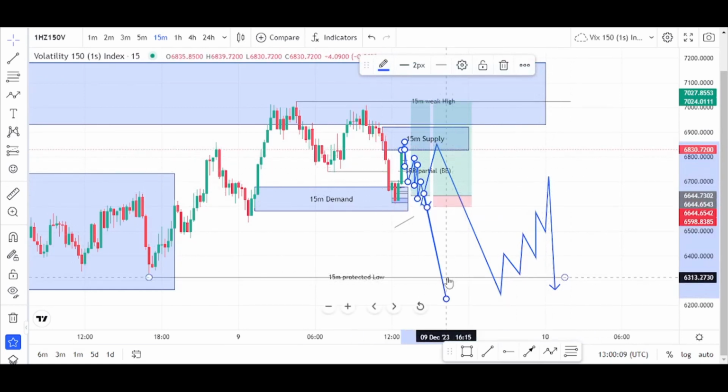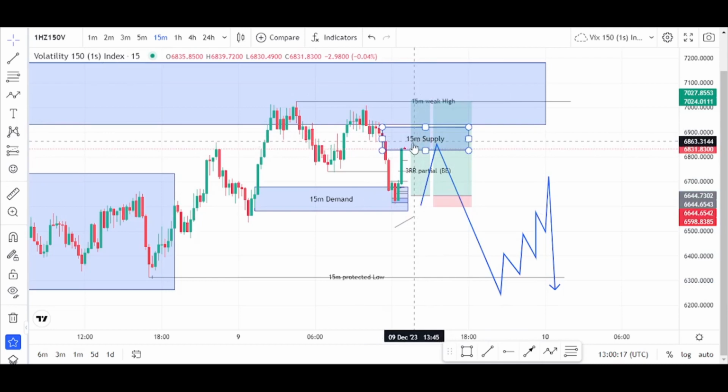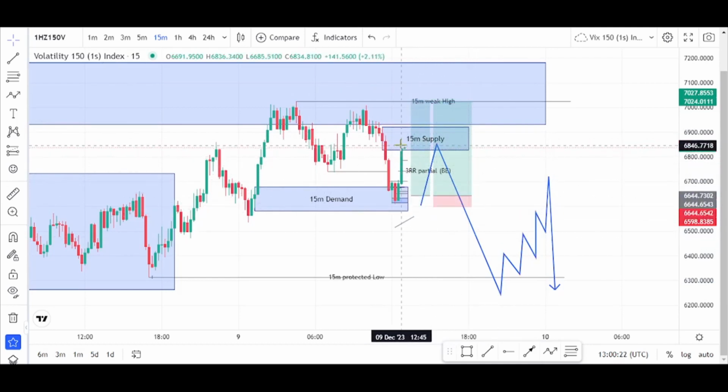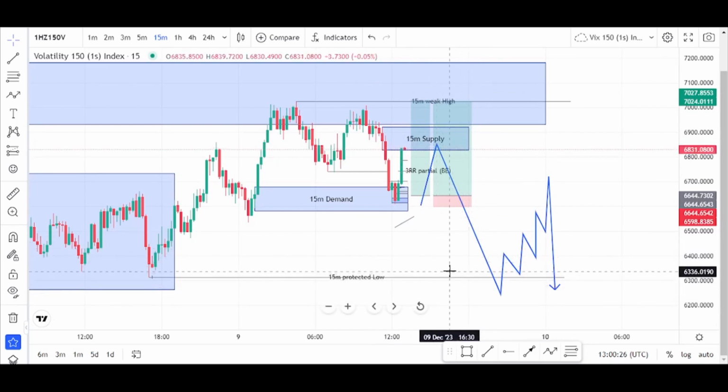I'll just let it run, do its thing, because I'm still within my 15-minute week high, or I might take a risk entry at that supply zone, after a second confirmation of that supply zone, to target my 15-minute protected low.